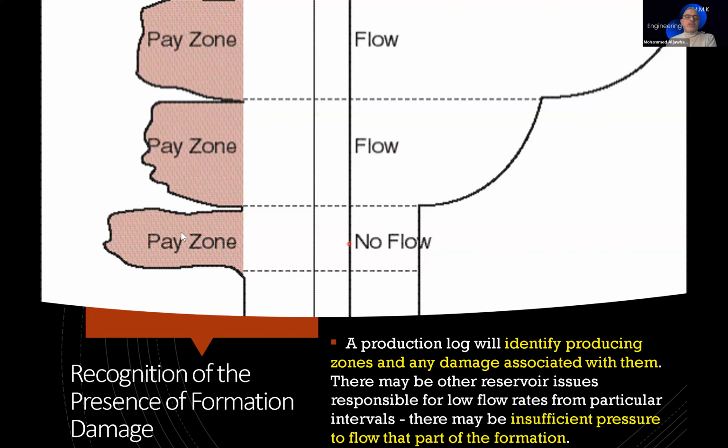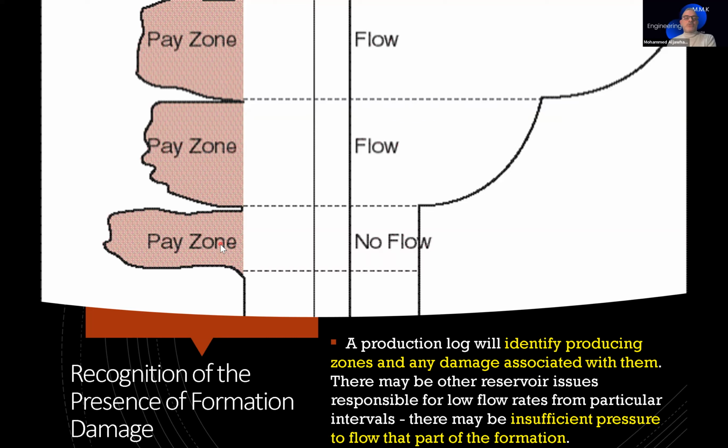as mentioned. So for any pay zone, is there any problem with this pay zone, for instance? Why does this pay zone not give us any flow? So identify producing zones and any damage regarding this zone. It's very helpful to diagnose why this formation is not producing. Is there any reservoir issue?